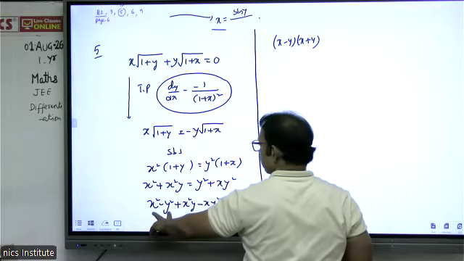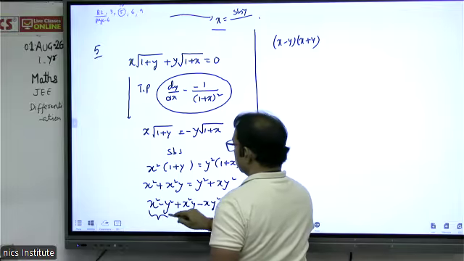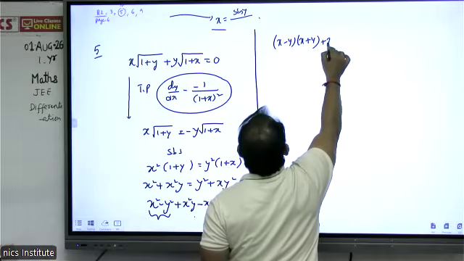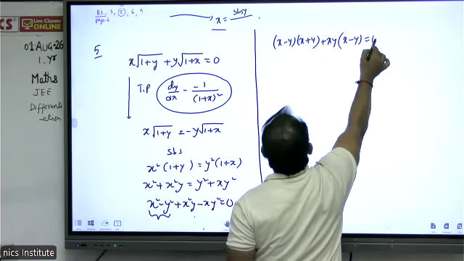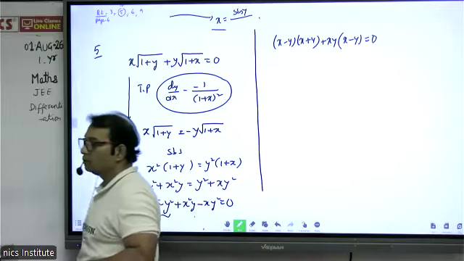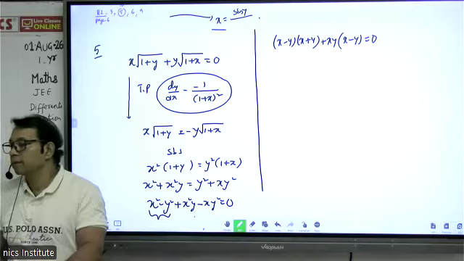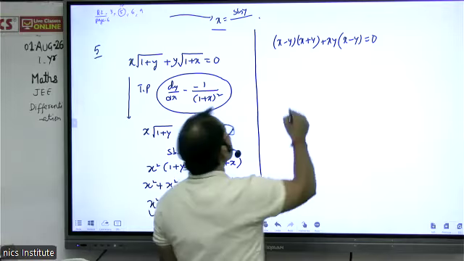Use a plus b and a square minus b square here. Here you take xy common. x minus y is common.